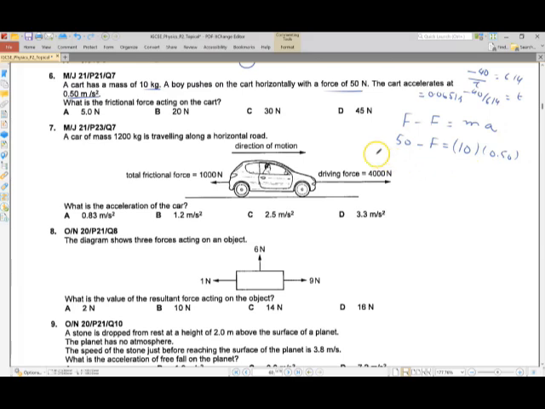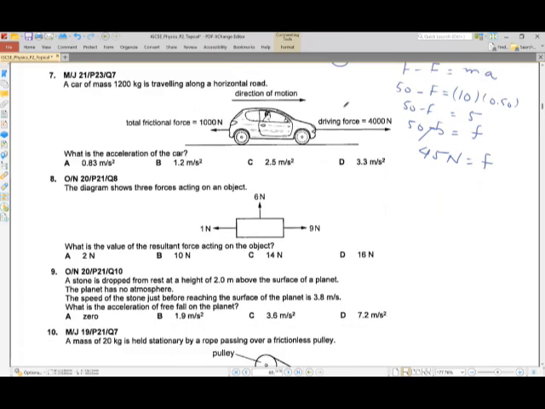So this is going to give us 50 minus F equals 5, so 50 minus 5 is equal to F. The F is going to get positive. This 45 newtons is going to be our frictional force that is acting on this cart. So option D is the correct answer.